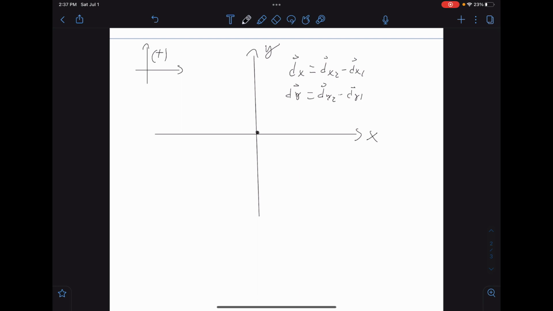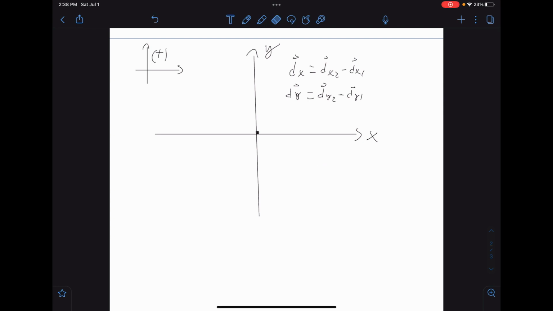And our total displacement, let's say, if our total displacement was 0 in the y direction, it would equal only displacement in the x direction, right? And if it was 0 in the x direction, it would be only equal to the displacement in the y direction.